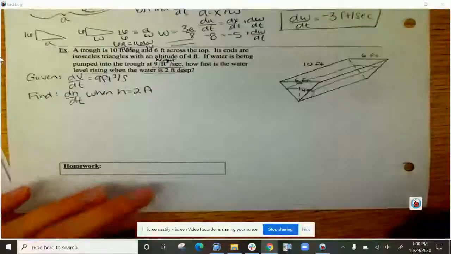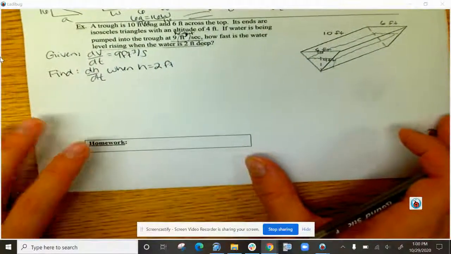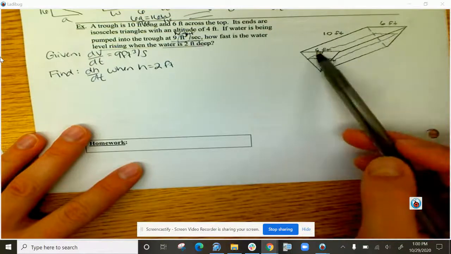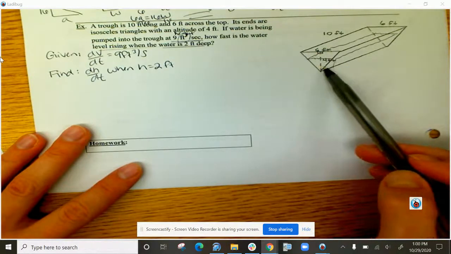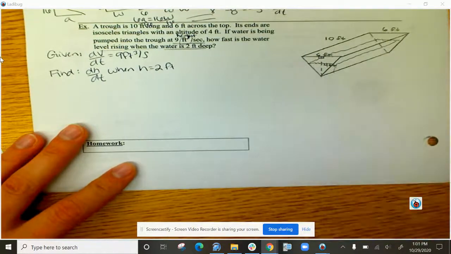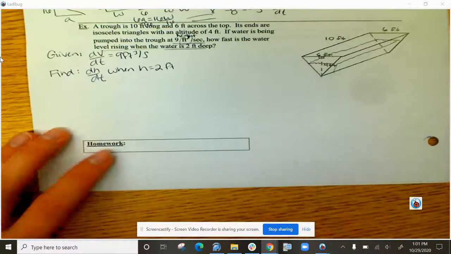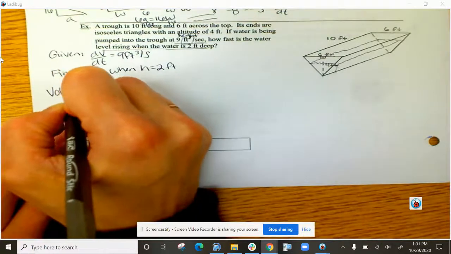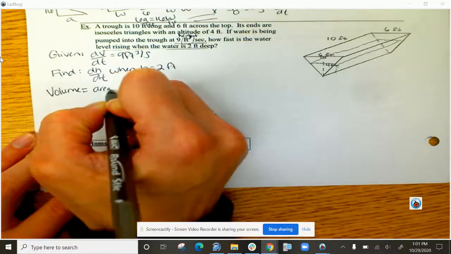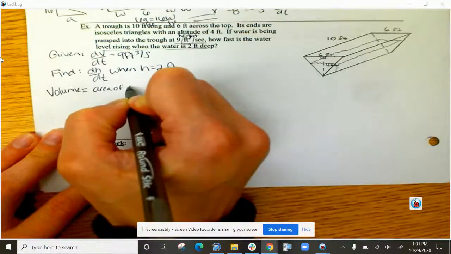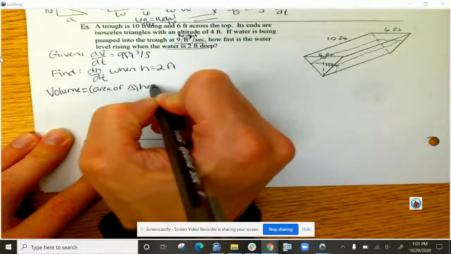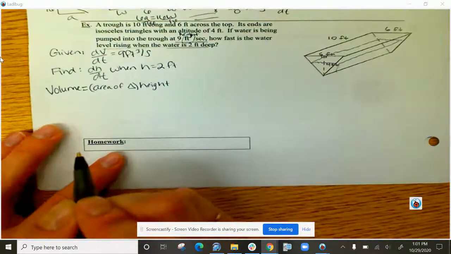And when we do this problem, we got to think about the volume of this picture. This is considered a prism, and it's a triangular prism because the base here and here, these are both triangles. And so the volume, if you remember from geometry, is equal to the area of the base, which in this case is the triangle, times the height of this figure.